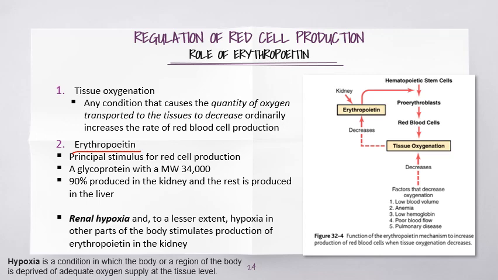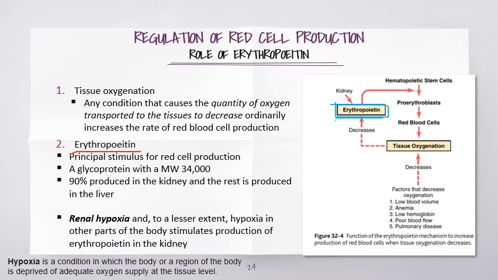So let's go to the diagram on the right side. Again, this is EPO. It is produced by the kidney. On the next slide, I will discuss the main effect of EPO in the body in relation to hematopoiesis.